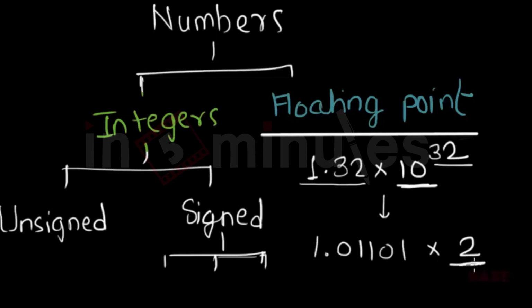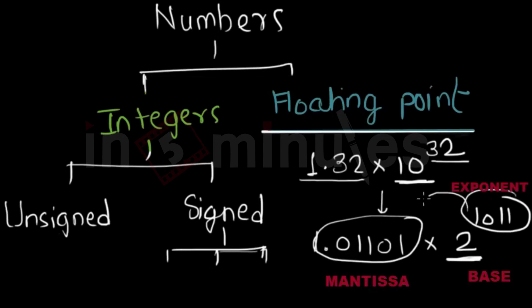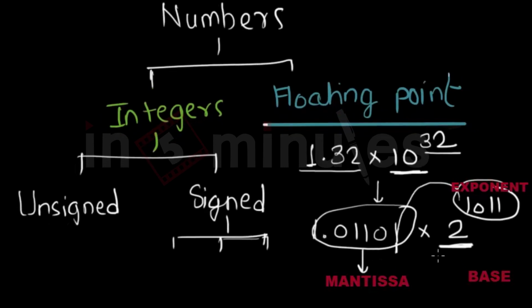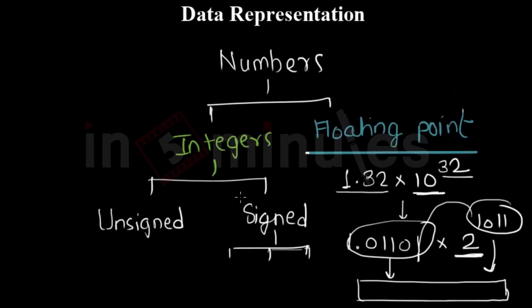The base is going to be 2 here, followed by the mantissa and the exponent. Now we need a specific format to represent both mantissa and exponent in a single binary string. There are different formats for representing floating point numbers. We are going to study them, including the standard IEEE format, in the next couple of videos. So this is about the representation of data inside a computer.